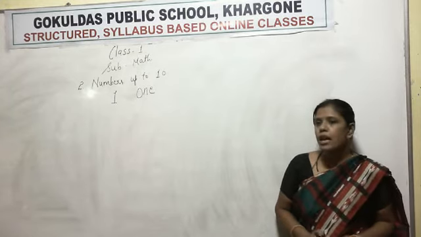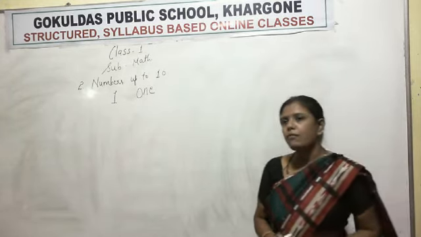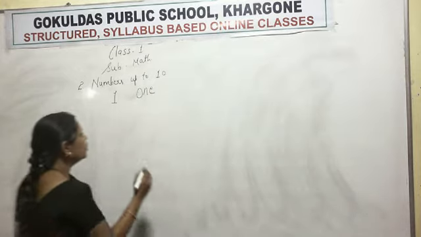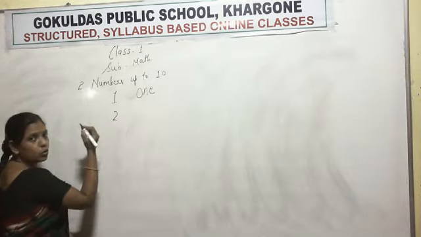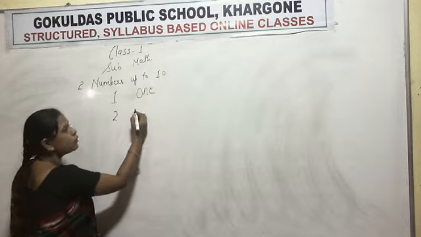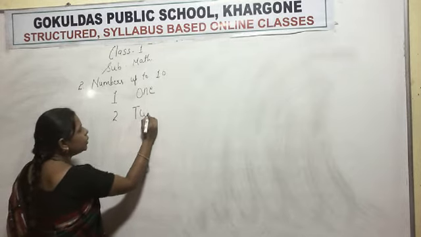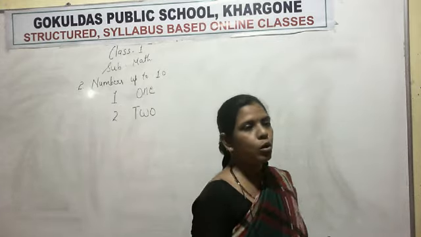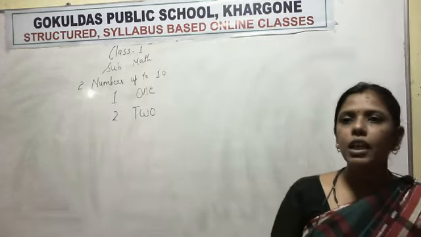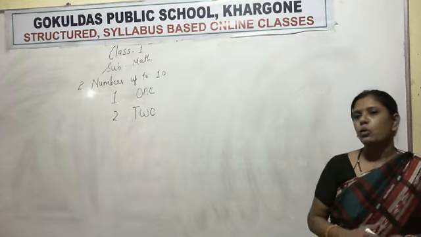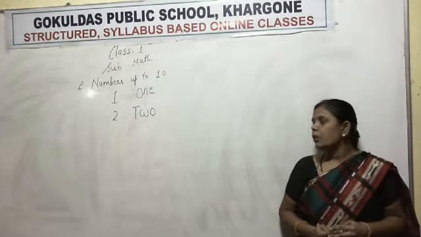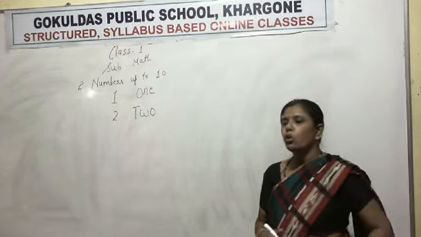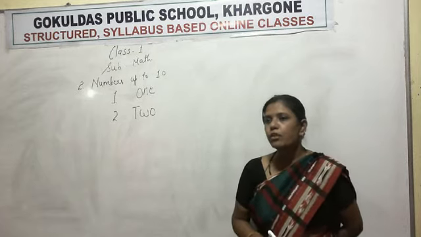What is the next number after 1? The next number after 1 is 2. What is the spelling of 2? T W O, 2. Repeat again. T W O, 2. Now what is the next number after 2?